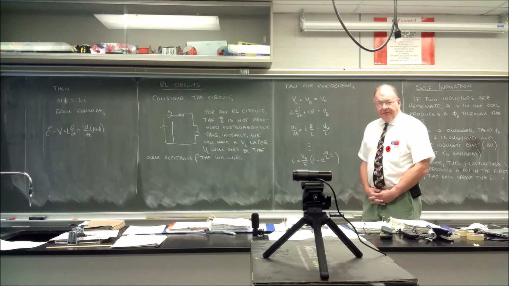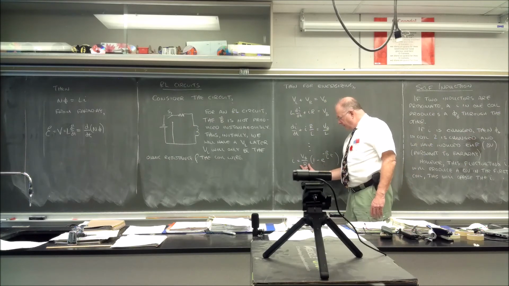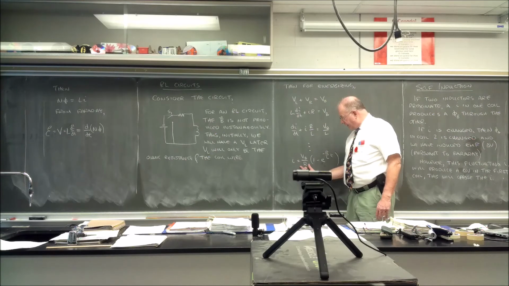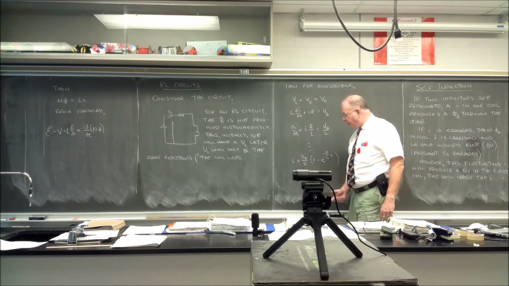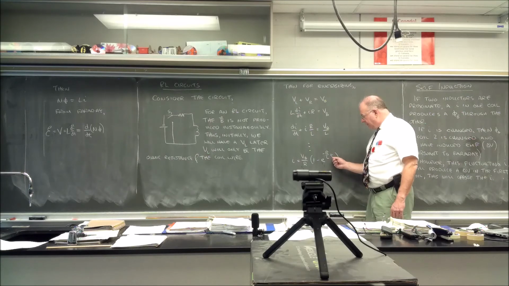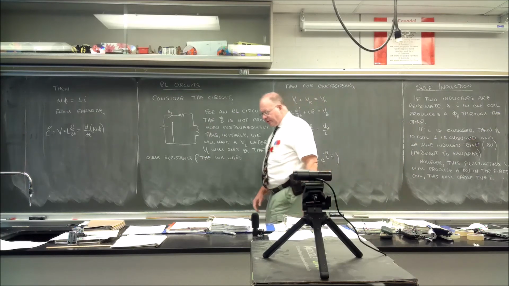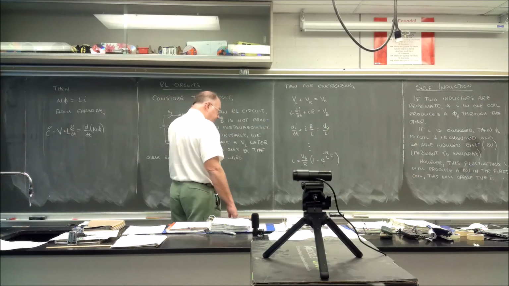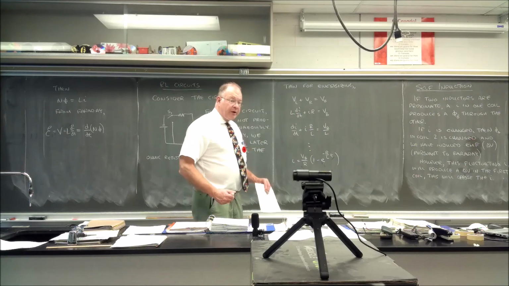If the time is infinite, then this exponential term vanishes, and we would have simply the ohmic resistance of the circuit, R being the circuit resistance, which is the resistor if we assume the coil doesn't have resistance, but you could add it if you wanted. When we first start at 0, the current will be 0, but as time ticks on, the current will slowly increase, because again, we're doing work as we build the field.